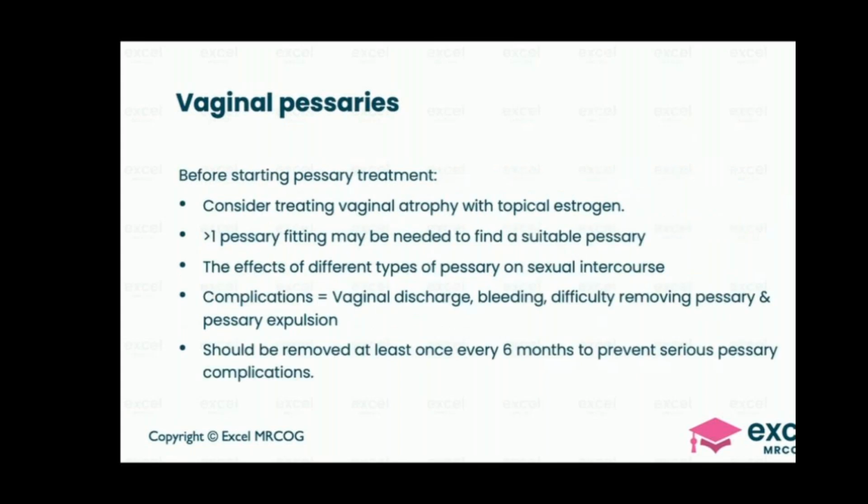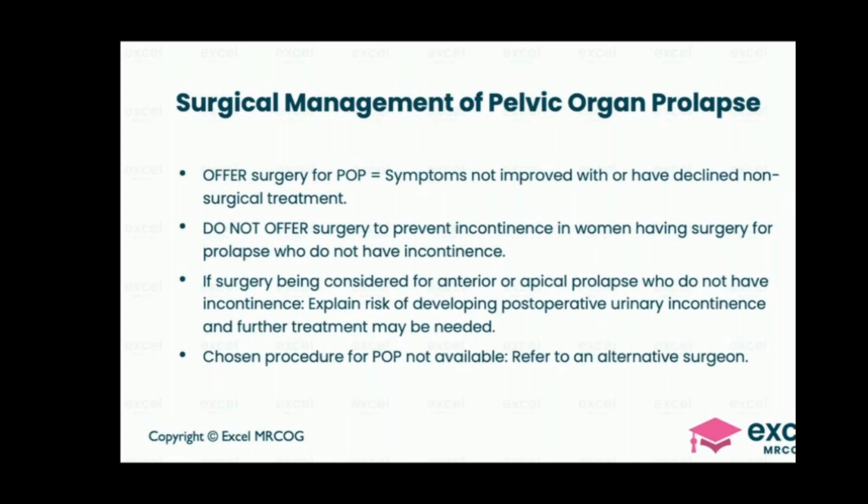Well, this is not so important. Surgery for pelvic organ prolapse: if the symptoms have not improved with conservative measures, or if she has declined conservative measures, you can do a surgery. Do not offer a surgery to prevent incontinence in women having surgery for prolapse who do not have incontinence.